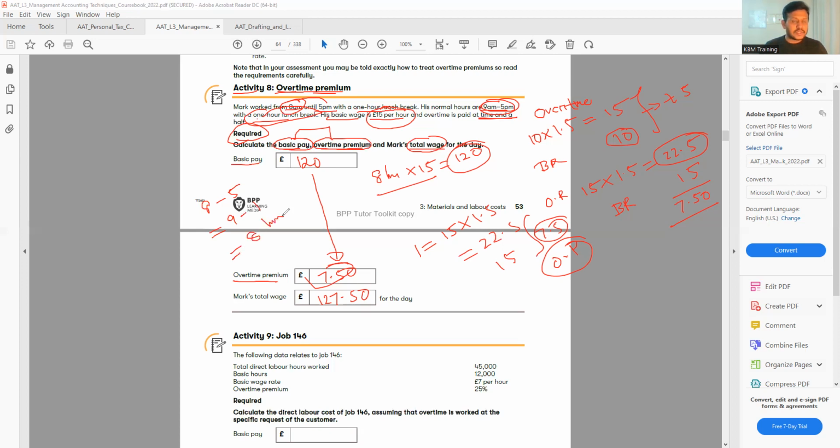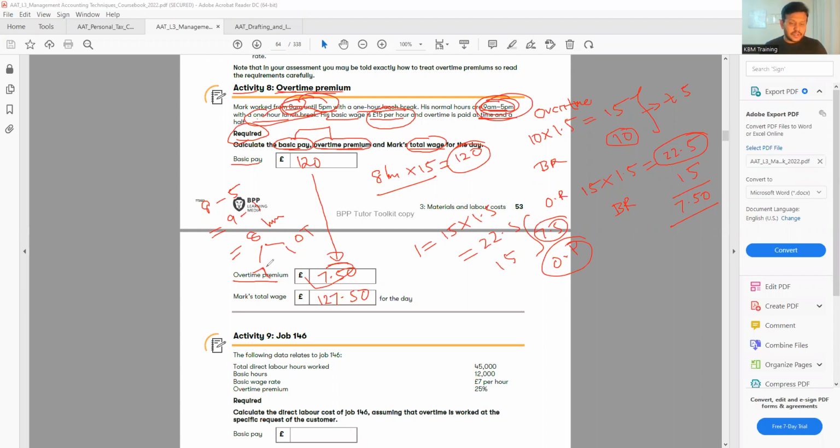So for the whole day, he worked only 8 hours. Out of 8 hours, 7 hours he will get the basic rate, and 1 hour he will get overtime, because normally he worked 9 to 5, only that day he worked 8 to 5. That means he started 1 hour early. So for 1 hour, he will get the overtime rate.